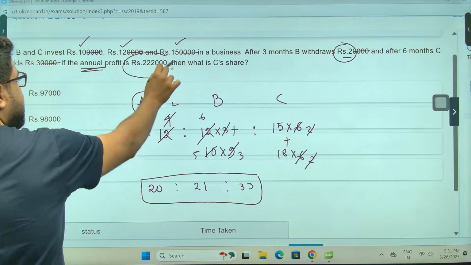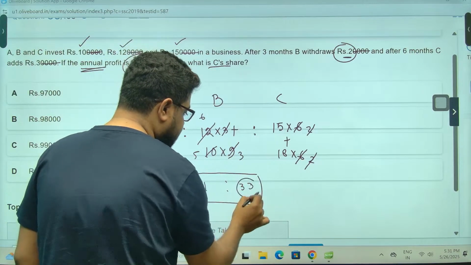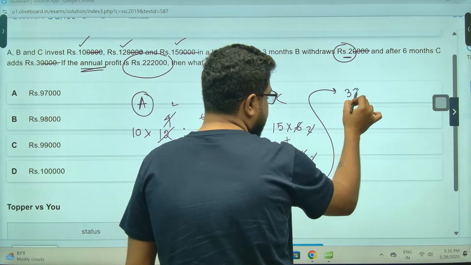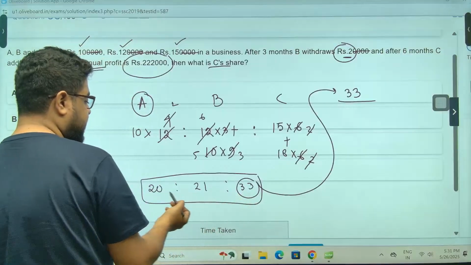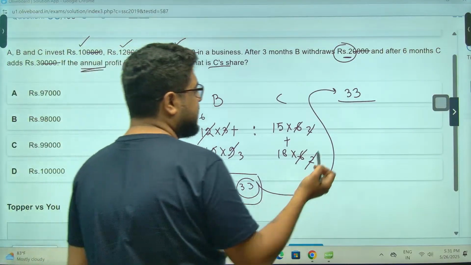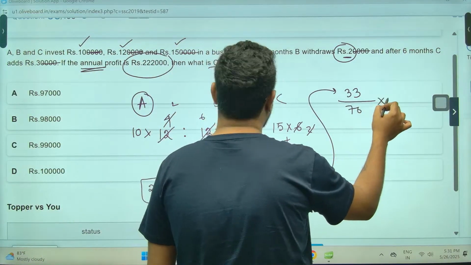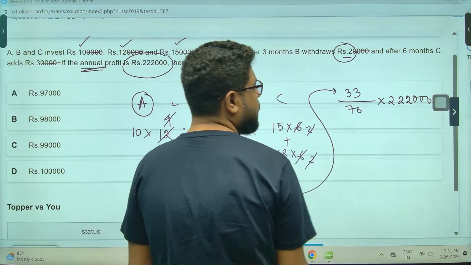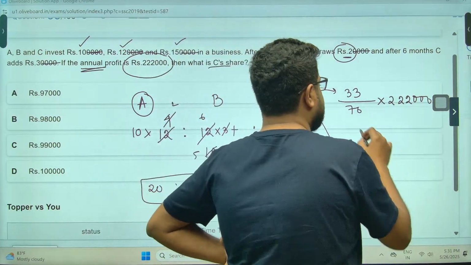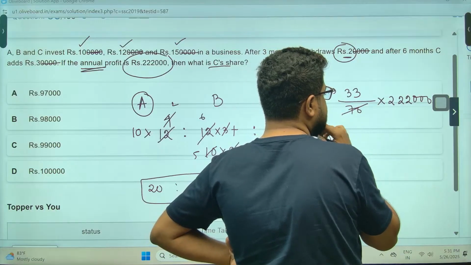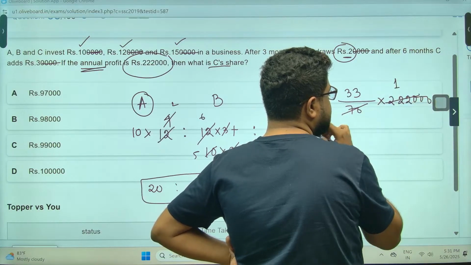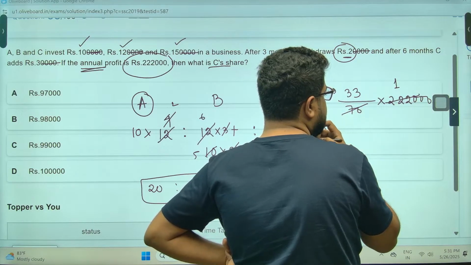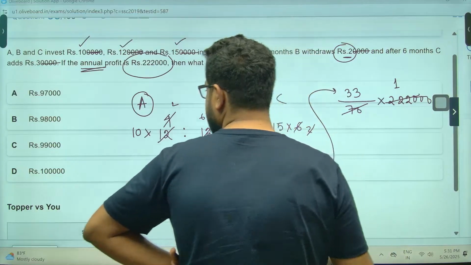Total is given. C's share: C will get 33 parts out of the total, 33 plus 20 plus 21, which is 74 parts of the total. Will it cancel? 19 ones are 19. No sir, it won't cancel.